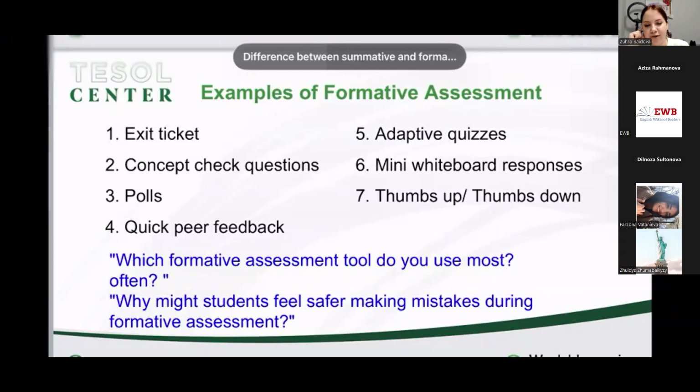About formative assessment, it can be used at any stage of your lesson. You can use it in the beginning to check the mood of your students and to see if they are ready for this class, if they are prepared for the new topic, if they remember well the last topic. It can be used in the middle of your class when you finished explaining a new topic and you ask them, so now share 2 things that you remember about this topic, if talking generally, right?